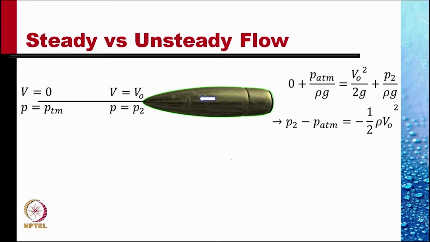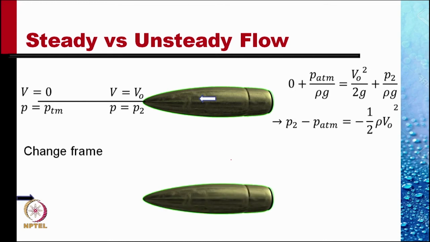How do we make this flow steady? By changing the frame of reference. Let's attach the frame of reference with the projectile. And if we do so, the projectile becomes stationary and the atmosphere is moving past it at a velocity V naught far away where the pressure is P atmospheric.